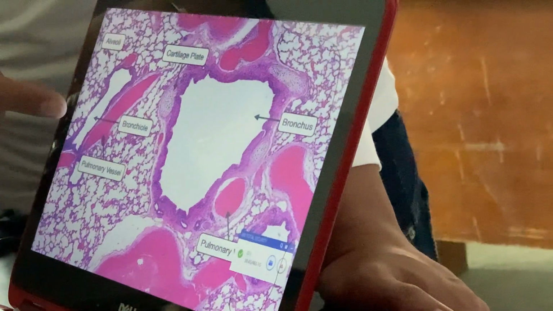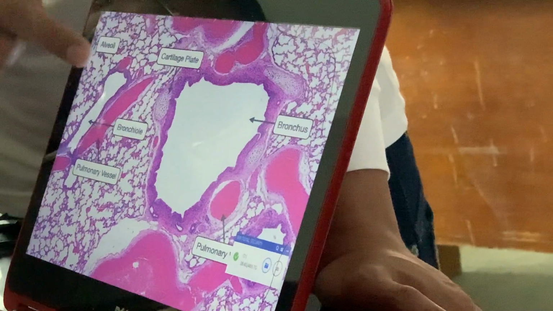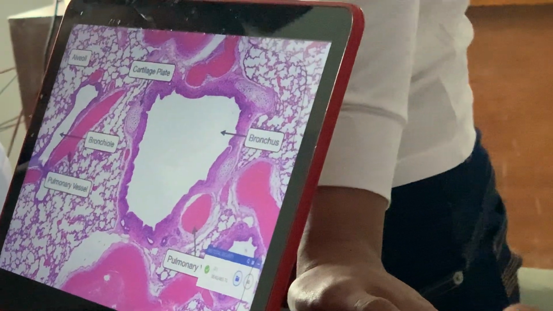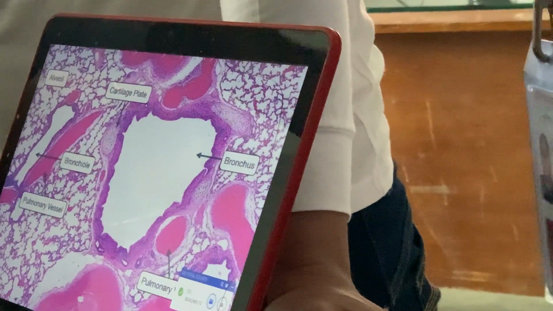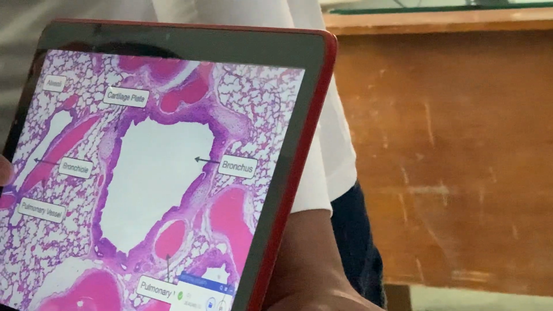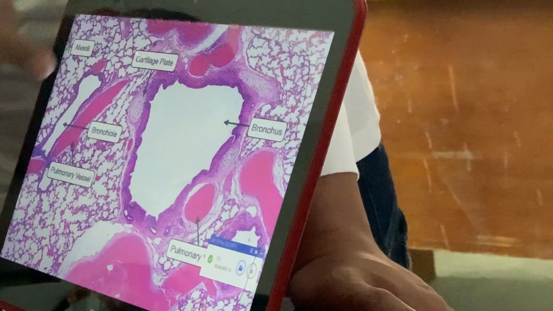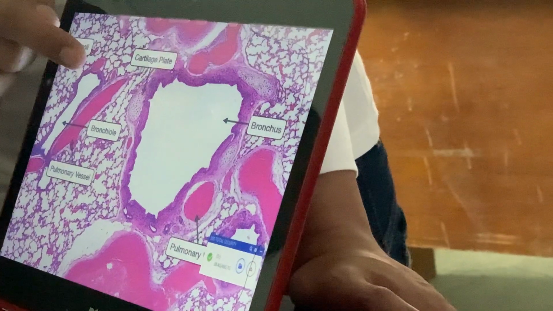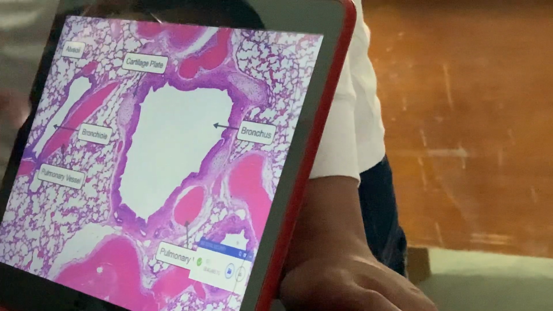For this one, you would say bronchiole. There's no goblet, right? Next step is to look for cartilage. No cartilage. This is a vessel. So what is this?